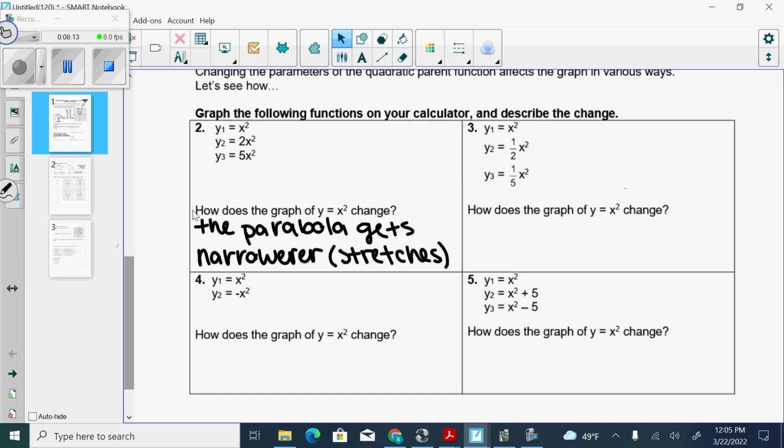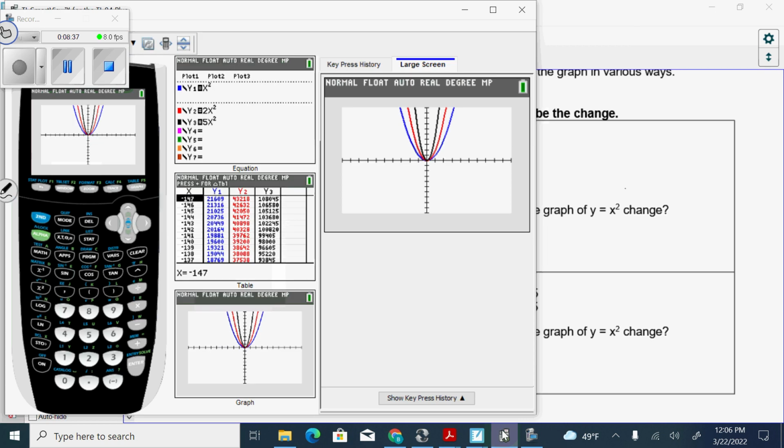Okay, so what was happening to the numbers in the equation as these got skinnier? What happened to the number in front each time? Right. So the bigger the number in front, apparently the skinnier or the narrower it's going to make it. Right? Okay. Same idea here on number 3. They want us to go back into our graphing calculator and change our functions to these.